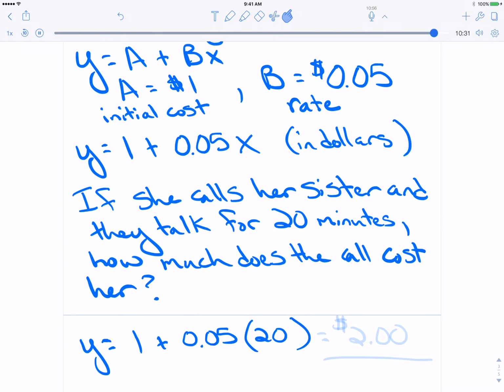So I just have 20 minutes plugged in. Simplify, you can plug it into your calculator, and you will see that 5 cents times 20 is another $1. So the overall cost is going to be $2 for that particular call.